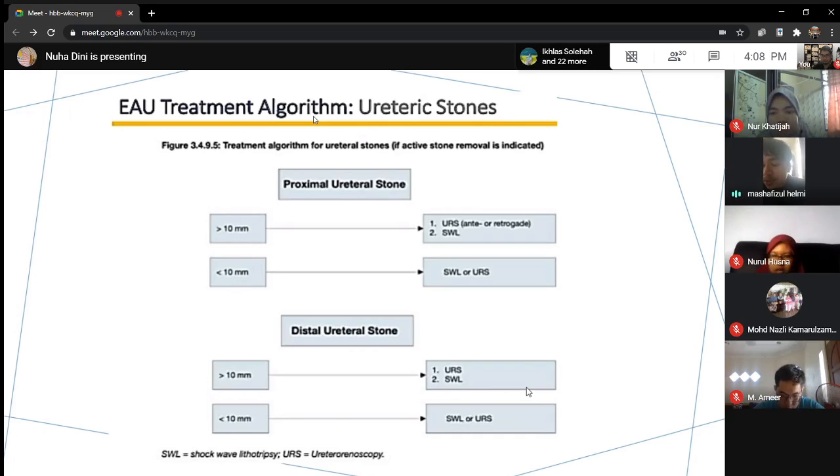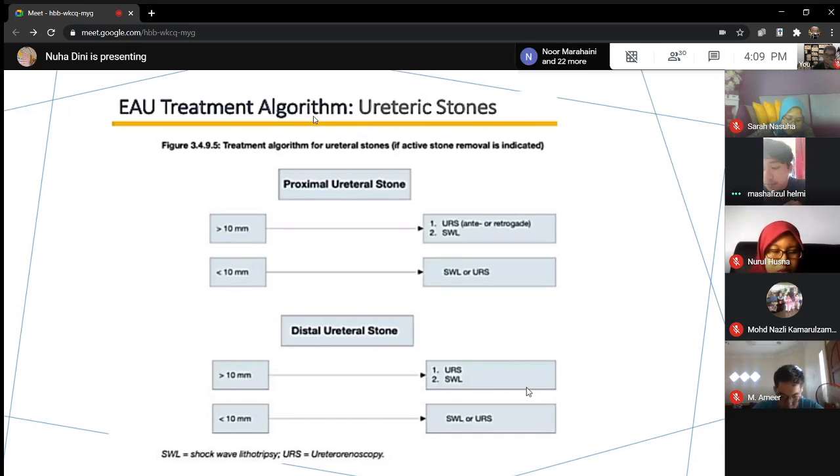For a proximal ureteral stone measuring more than 10 mm, the options include URS, ureteroscopy, and shockwave lithotripsy. For size less than 10 mm, we give SWL or URS. For a distal ureteral stone measuring more than 10 mm, we give URS and also SWL. For less than 10 mm, we give either SWL or URS.